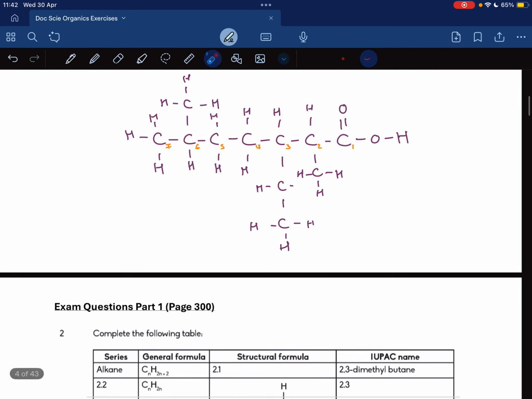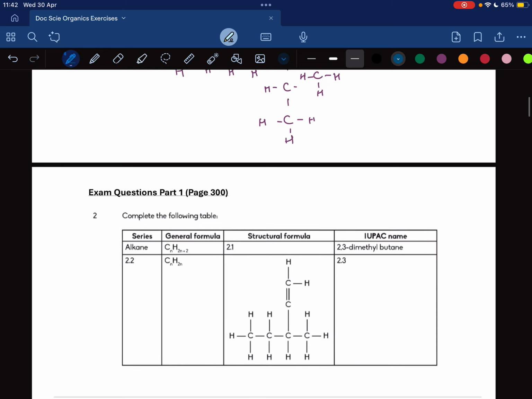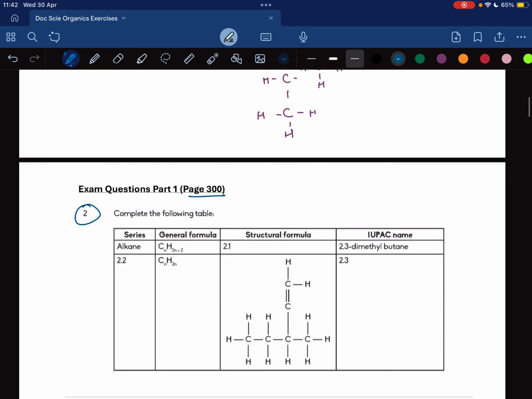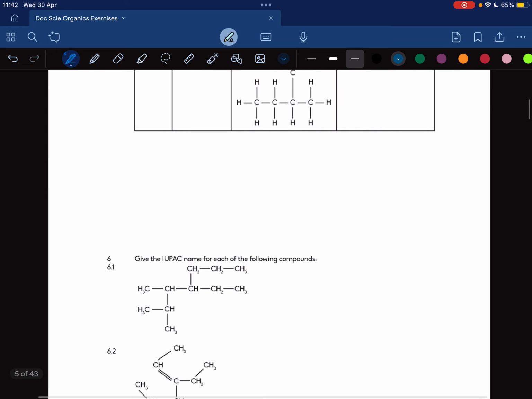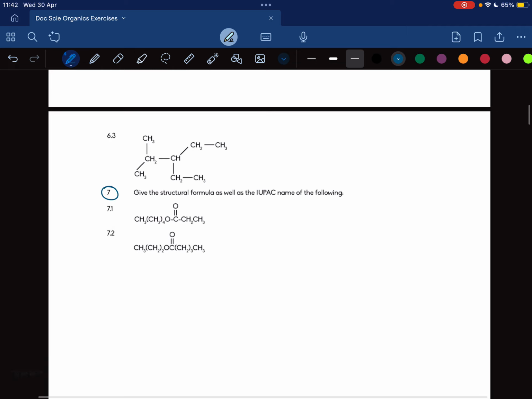So for your homework, I'm going to give you part of the exam question on page 300. So it's question number 2 from the structured questions. So it's question 2, then question 6, the whole of 6, and question 7.